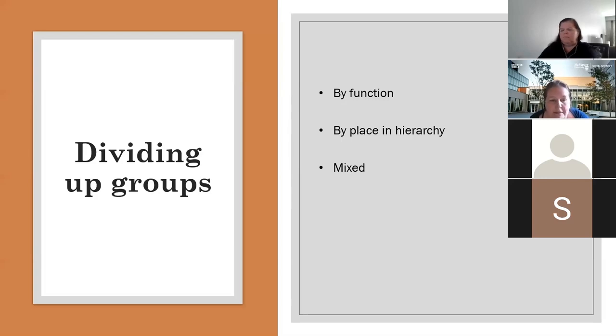And then finally, mixed groups. I find this really helpful when the major goal is to be able to just get people talking about process. So organizations that haven't spent a lot of time thinking about how they engage with clients, and you want that mix of perspectives and you want those conversations.